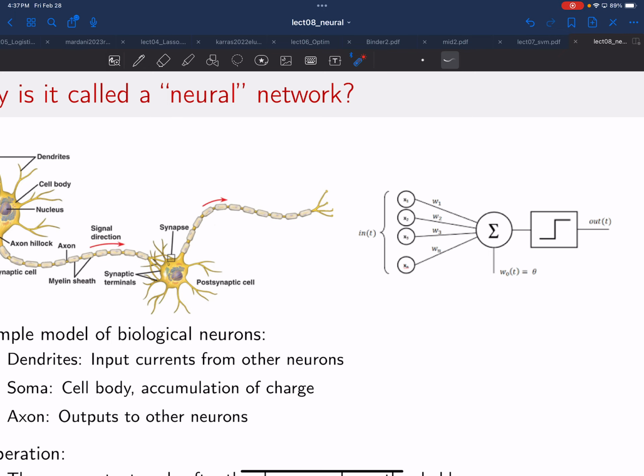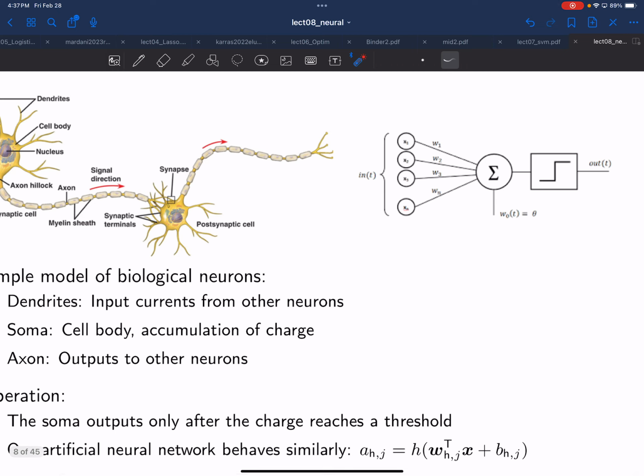And then finally, this notion of the soma outputting only after the charge reaches a threshold is like a form of hysteresis. We can think of that as something like this. So charge, output. Once the charge reaches this threshold, then finally it outputs something.